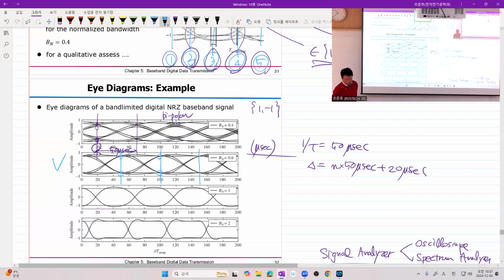What about the next one? It's very confusing, but in terms of zero ISI, maybe you want to sample here. Am I right? Just a second. And here. And here.